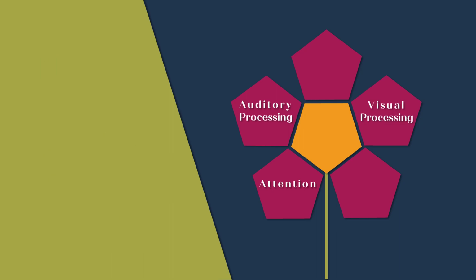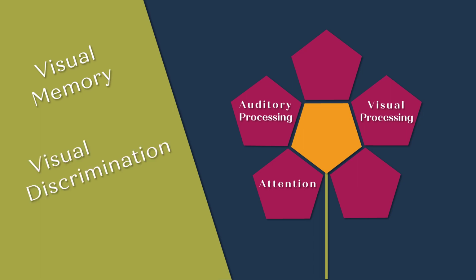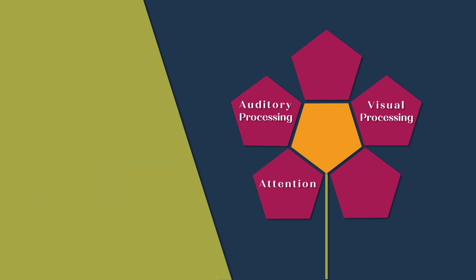Next up, we look deeper into visual processing, or how we process what we see with our eyes. When we help struggling students improve skills like visual memory, visual discrimination, and a handful of other underlying visual skills, this helps us increase their chances of becoming confident, independent learners. By the way, please don't let any of this information overwhelm you.